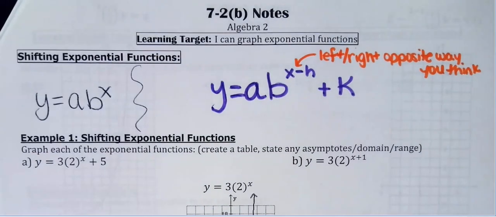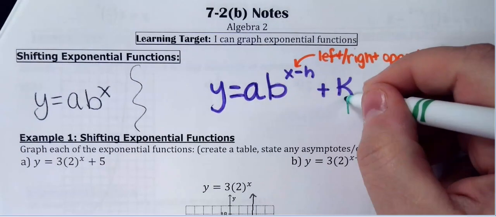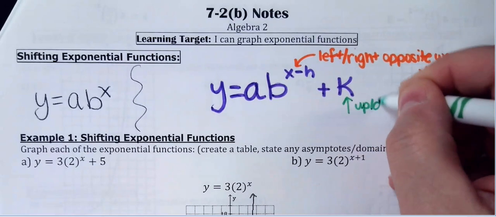So for example, if that was like x plus 4, it actually goes to the left 4. If it was x minus 5, it actually goes to the right 5. So when it's with the x, that's for any type of graph, when you're doing a transformation of any kind, if it's with the x, it's going to be the opposite operation of what it looks like. Now, the k out here, that affects how the graph moves up or down.